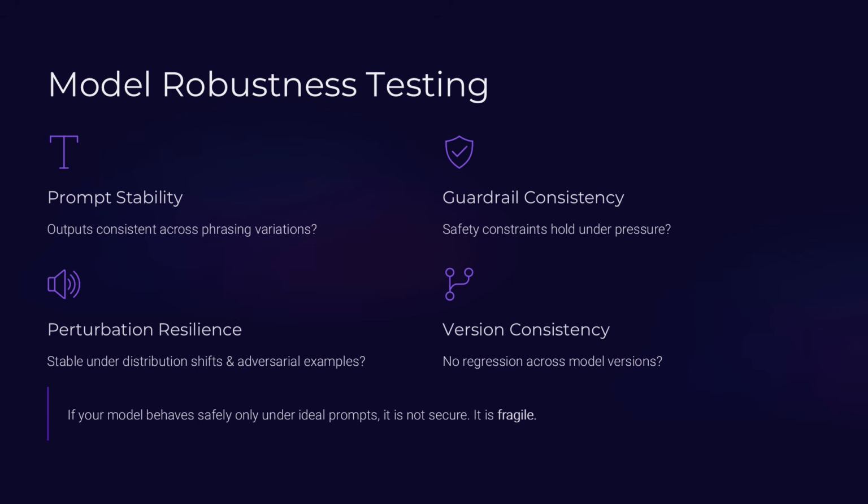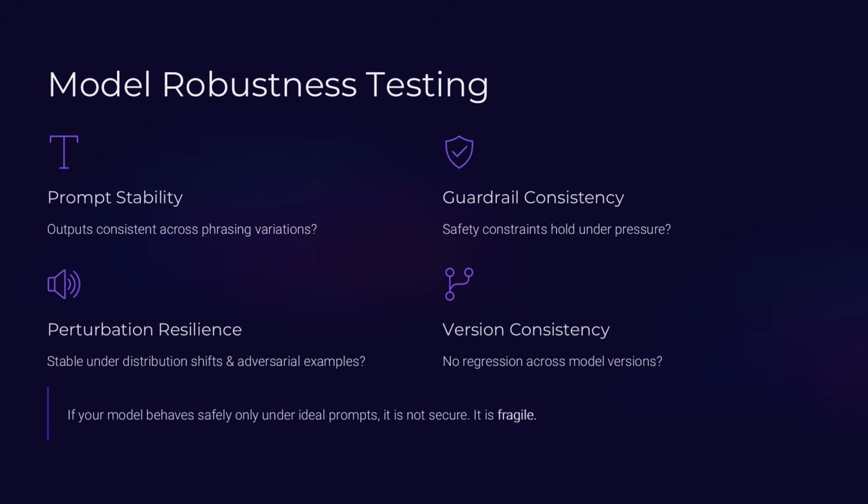For machine learning systems, robustness testing may examine sensitivity to small perturbations, stability under distribution shifts, resilience to adversarial examples, consistency across model versions.